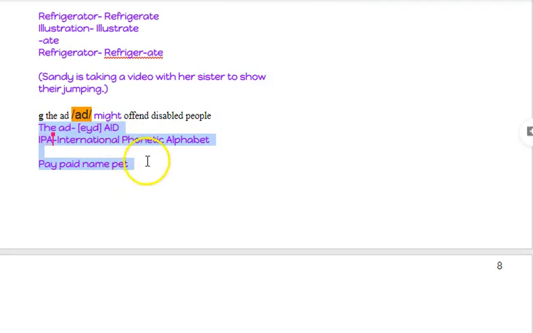Actually, we also learned how to read IPA, but in my case, I'm so forgetful.